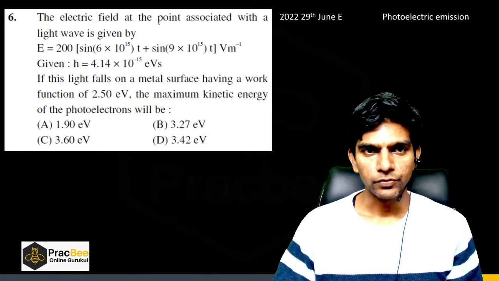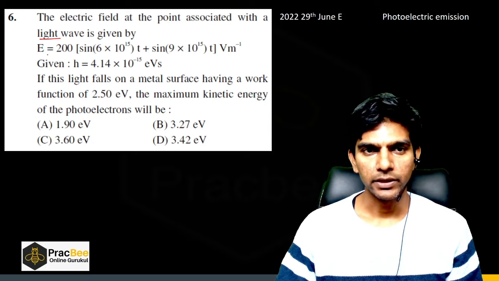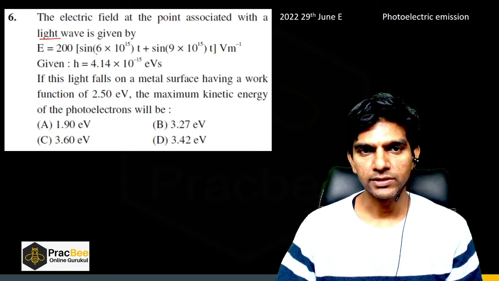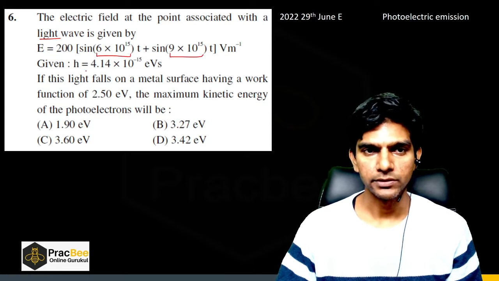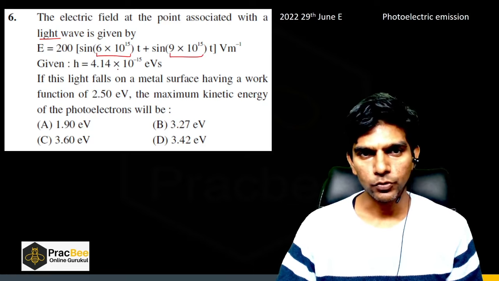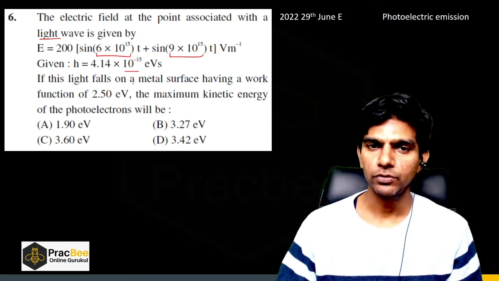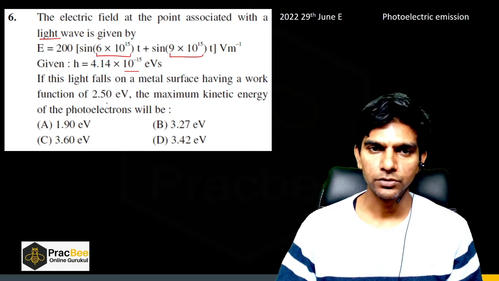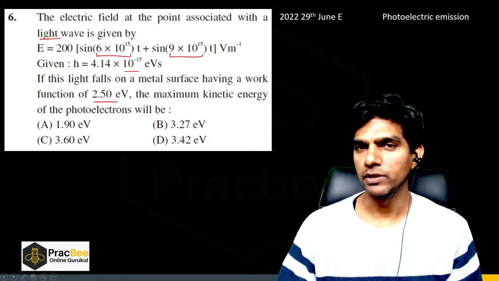In this question, the electric field at a point associated with a light wave is given by this, where we can see two frequencies, right? One is 6 into 10 raised to 15, the other is 9 into 10 raised to 15. These are angular frequencies. And we have been given the value of h as 4.14 into 10 raised to minus 15 electron volt second. If this light falls on a metal surface having a work function of 2.5 electron volt, find the maximum kinetic energy of the photoelectron.